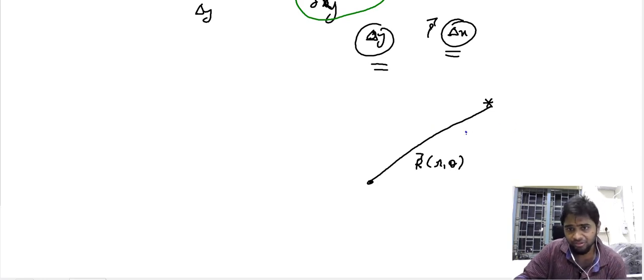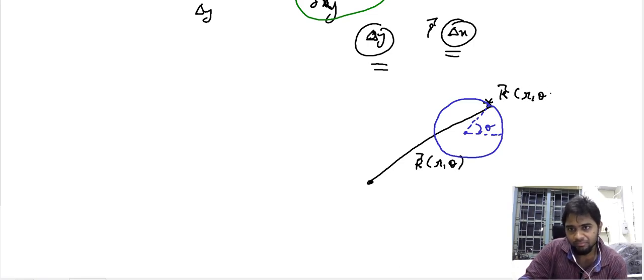If this is my origin for my r and theta polar coordinate system, then this point would be represented in this manner, and this point would be r and theta.